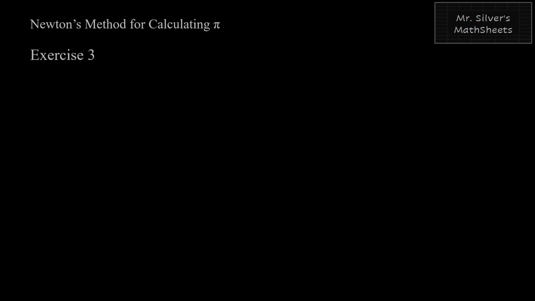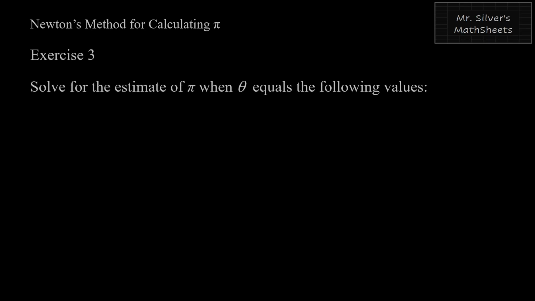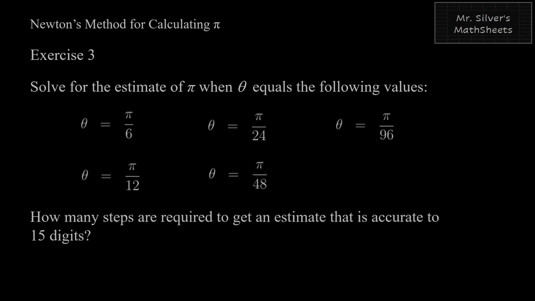But let's do that. Let's estimate the value of pi for these values, pi over 6, pi over 12, all the way up to pi over 96. How many steps are required to get an estimate that is accurate to 15 digits?